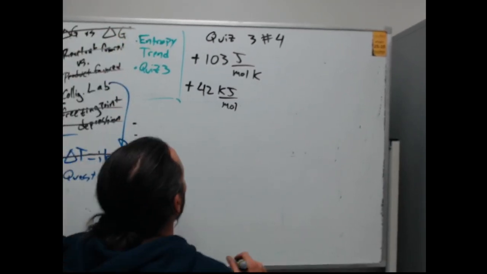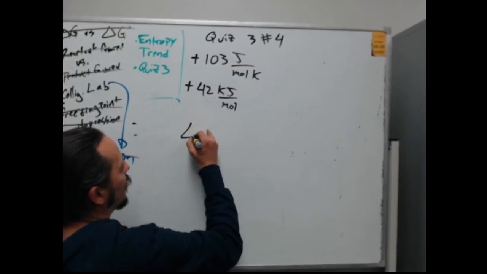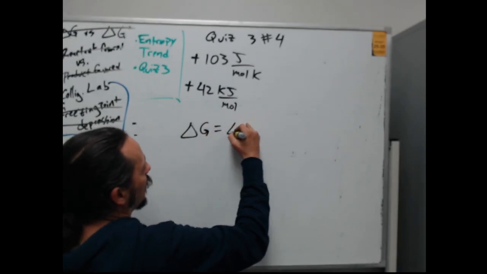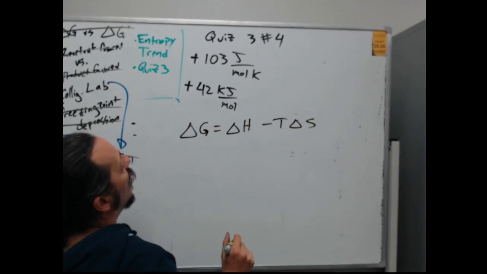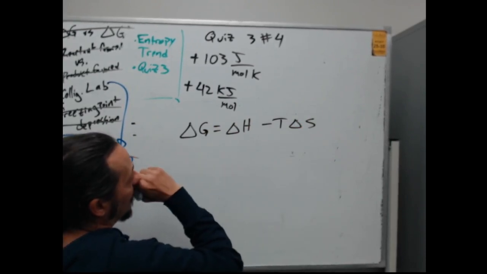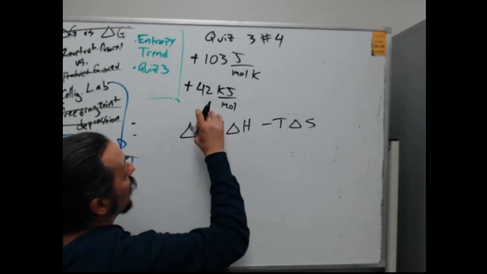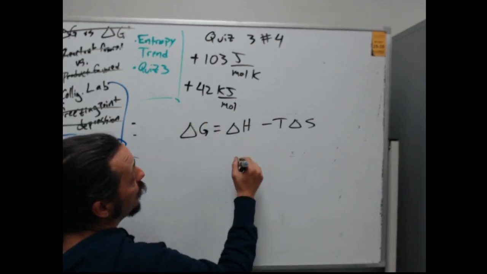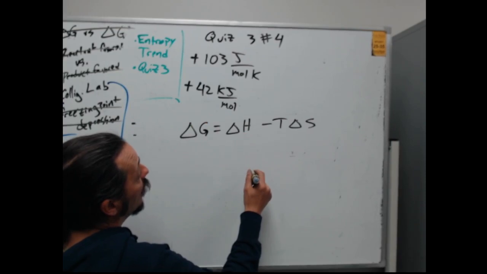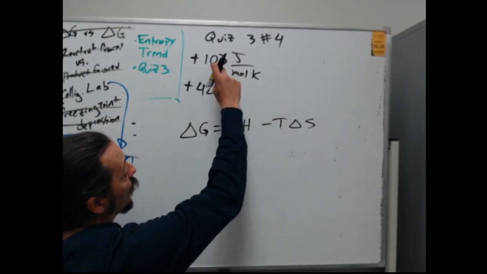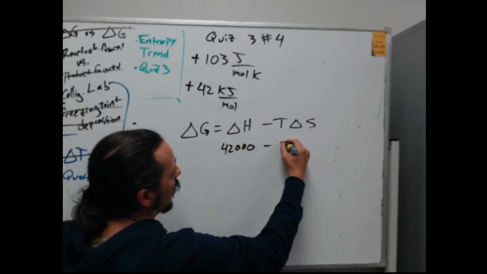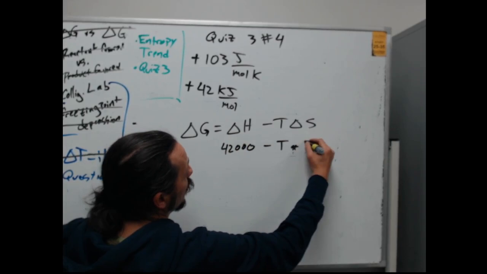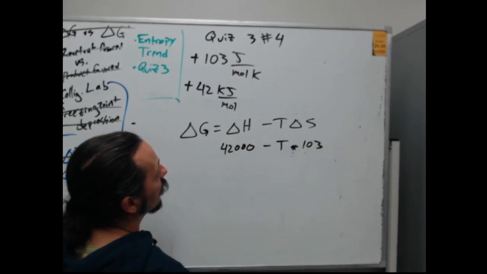Okay, so what we're going to have is delta G equals delta H minus T delta S. I'm going to put it in right now: this is 42 kilojoules per mole versus 103 joules. So this is 42000 minus T times 103.